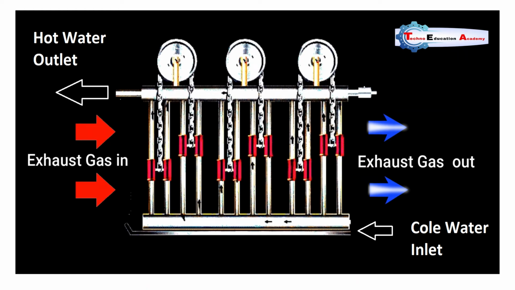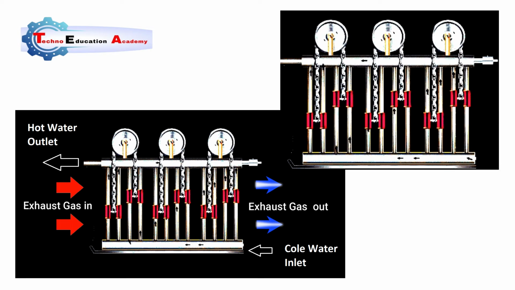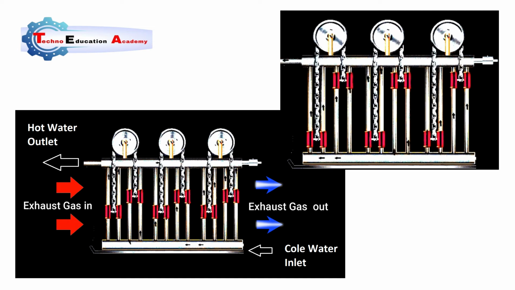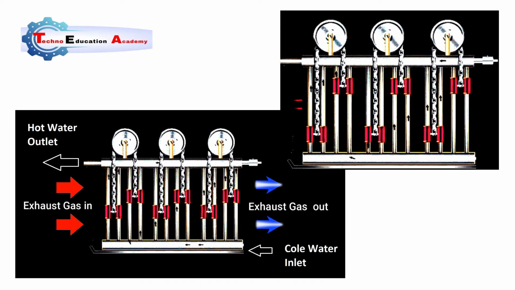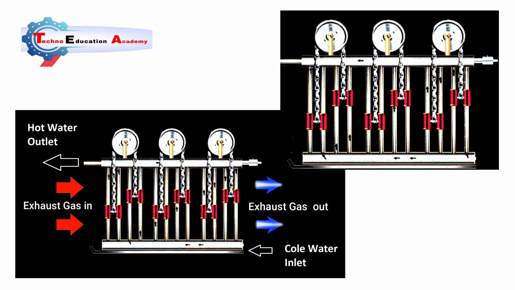So an economizer is a device that facilitates the exchange of heat energy between the flue gases and feed water before the flue gases leave the boiler through the chimney. So it will increase the temperature of water, and it will reduce the fuel supply in the combustion chamber. So finally the thermal efficiency of the boiler increases.